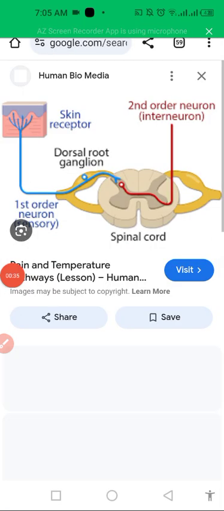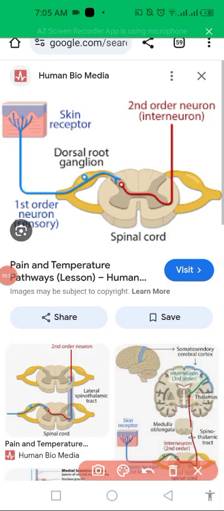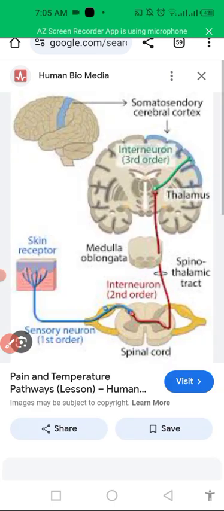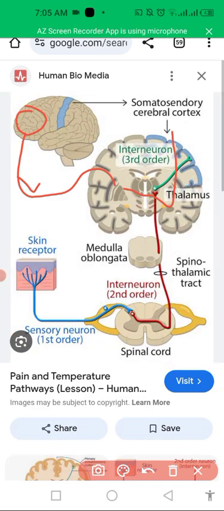Like, okay, so as we can see here, there is a first order neuron from sensory receptors to the dorsal root ganglion, and from the dorsal root ganglion there is a second order neuron that goes up into the brain, and in this way there are first and second order neurons and there is also a third order neuron.